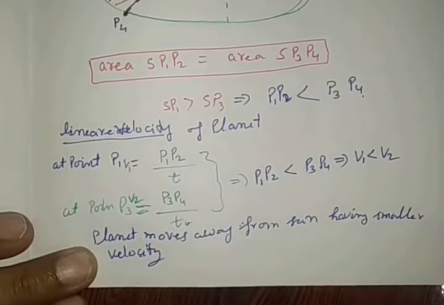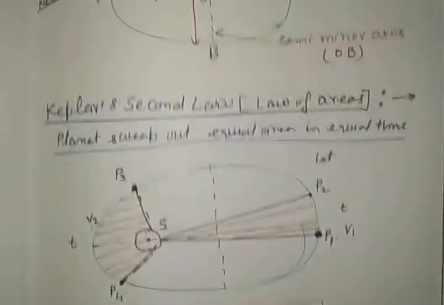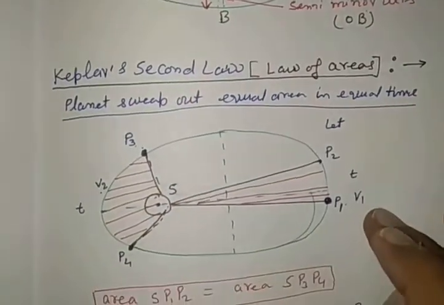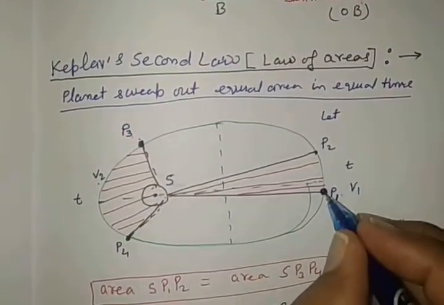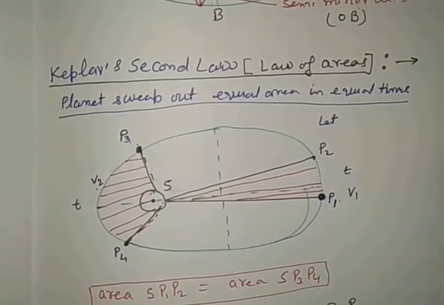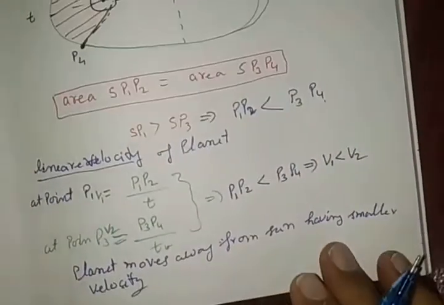Areal velocity is the same, but if it is near, it revolves faster than if the planet lies away from it, right?